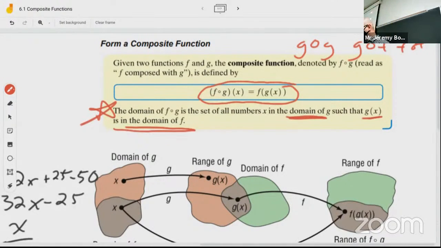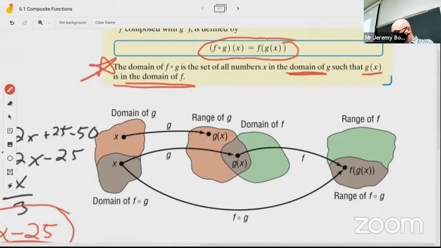And here's a little picture that kind of shows it. I still debate myself every time I use this picture, but I like it, and then I start explaining it, I don't like it. So basically, you have the domain of g here. The domain of f composed with g is going to be the subset of that, such that it's in the domain of g, but the output, once g is applied to it, is in the domain of f. Okay, so the output of g needs to be in the domain of f.